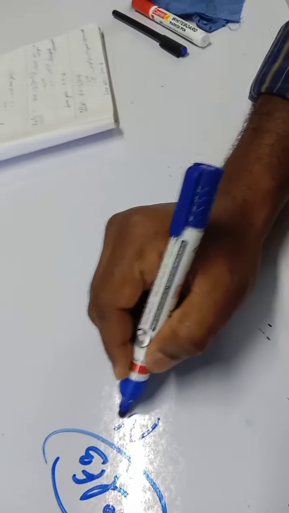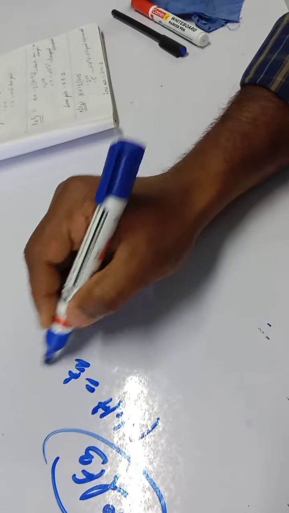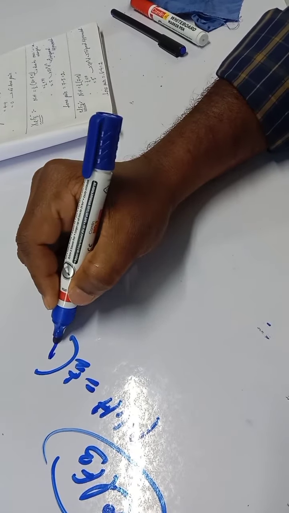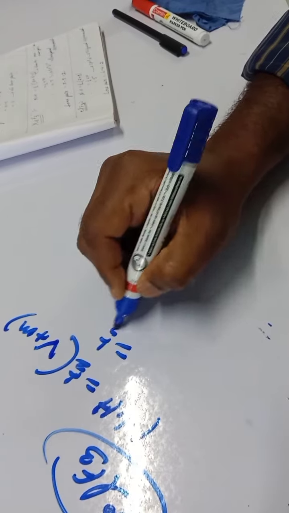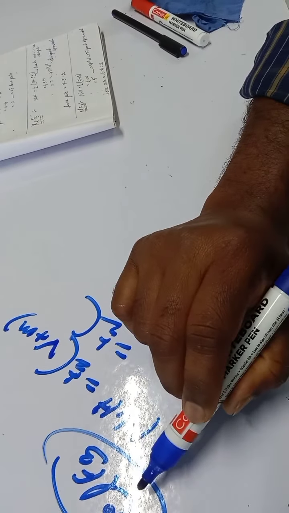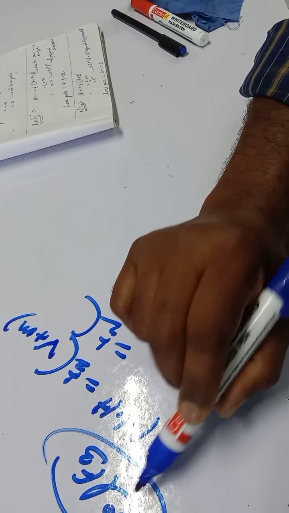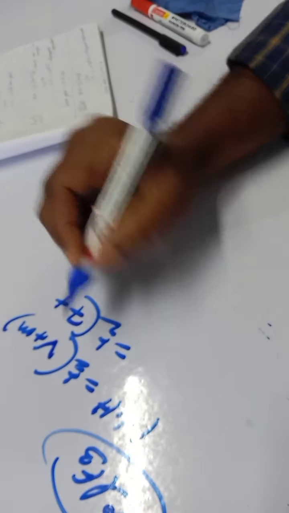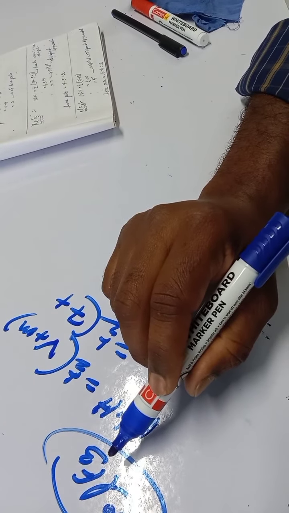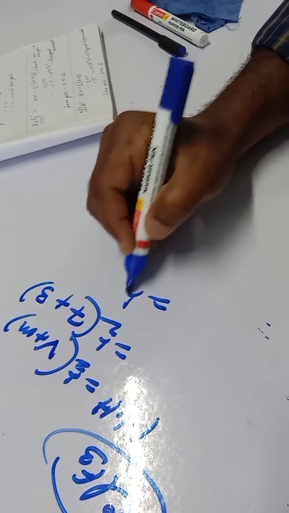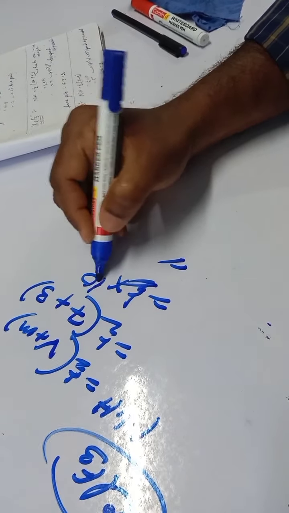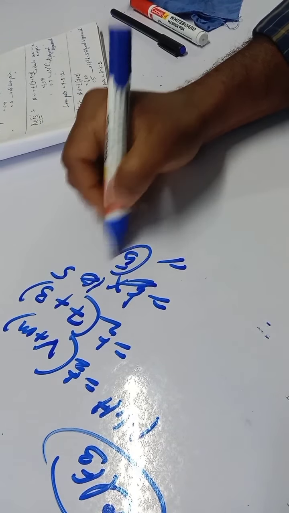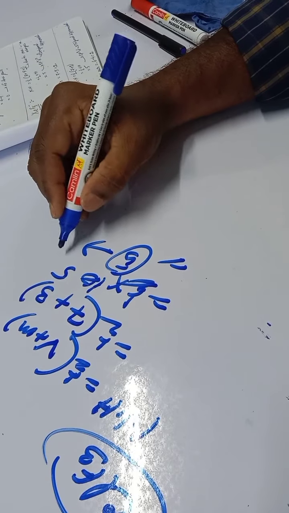NH is half into V plus M: half of V, the valence electron of the central atom chlorine, 7, plus the monovalent atoms attached to the central atom, 3, that is half into 10, equal to 5.